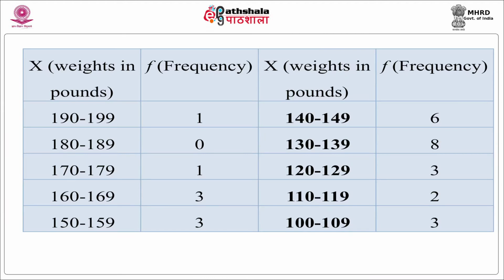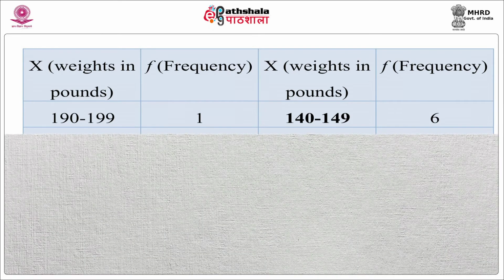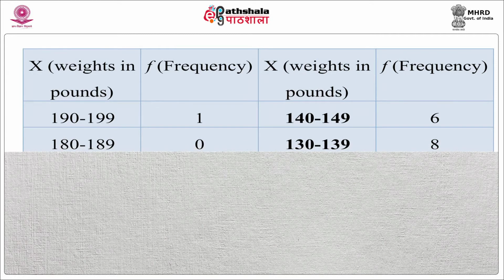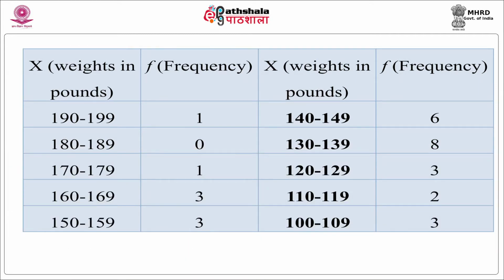For example, in this table you can see the frequencies have been grouped, like 190 to 199 only 1, 180 to 189 0, 170 to 179 1, and so on. This type of series is termed a continuous series.